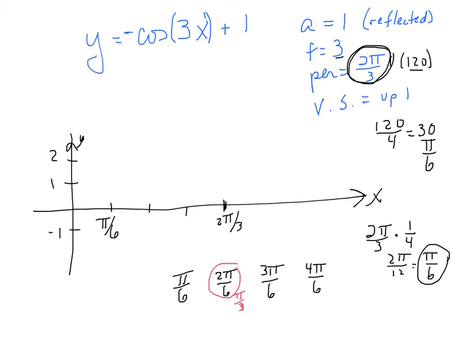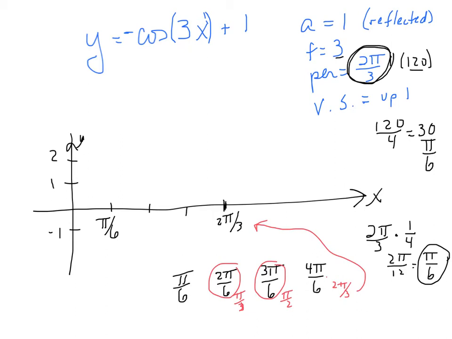That's a 3. And this one here will reduce to 2 pi over 2. And this one, the 4/6, will reduce to your 2 pi over 3, which I already knew. Okay, what I'm going to do is place these labels on my x-axis.